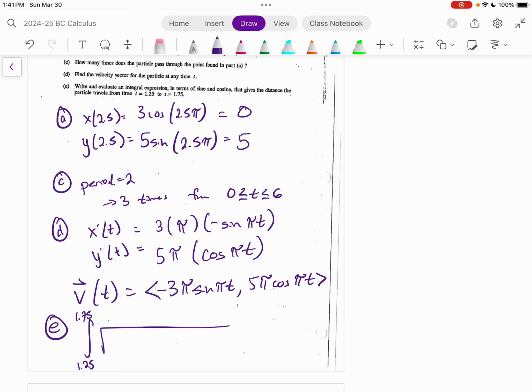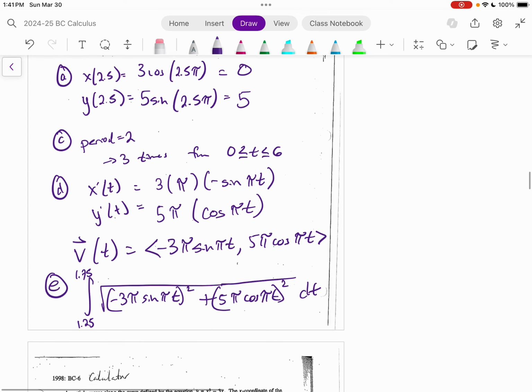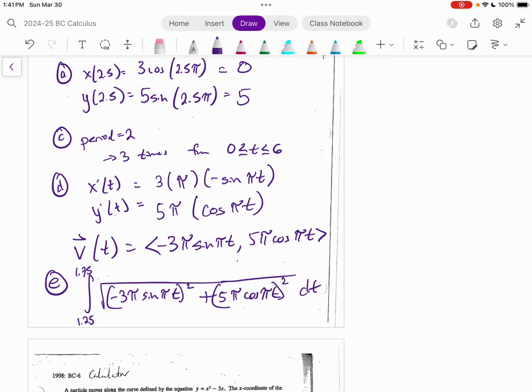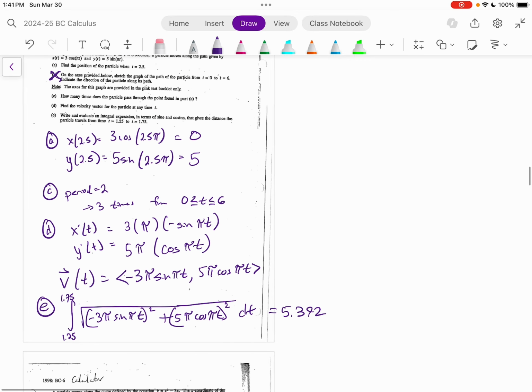And then I'm going to have that first thing squared plus that second thing squared, so negative 3 pi sine pi t squared plus 5 pi cosine pi t squared dt. And you guys could evaluate that. I did look the answer up here. It says it's 5.392 if you want to check your Desmos work.